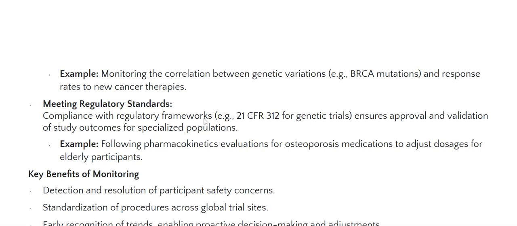Compliance with regulatory frameworks like, for example, 21 CFR 312 for genetic trials ensures approval and validation of study outcomes for specialized populations, as for example, following pharmacokinetics evaluations for osteoporosis medications to adjust dosages for elderly participants.